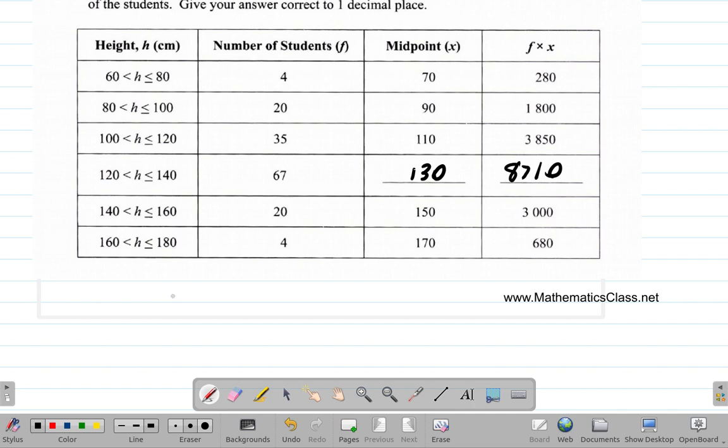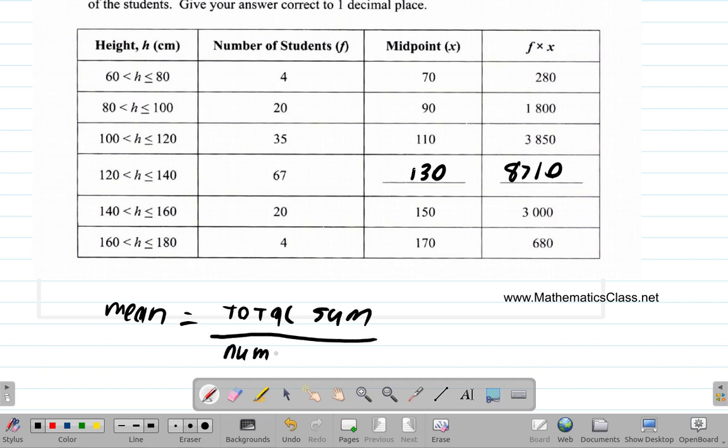They say the mean is the total sum of all the values divided by the number of values.